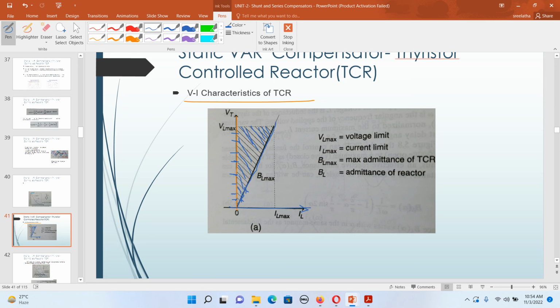Same goes: maximum V, maximum I. Remember, because this is a reactor, we got this side. We will see TSC, and in that we'll get this side. This is inductive. That is capacitive.